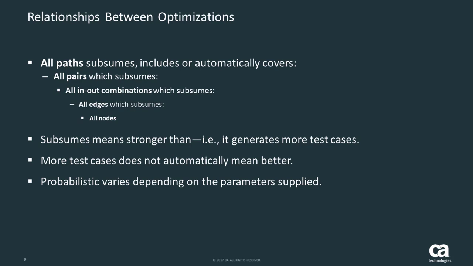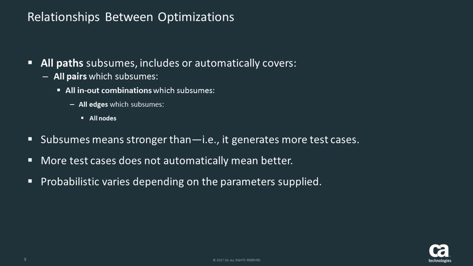So if you select, for example, all edges, the optimization, you automatically will cover all nodes in the model. So subsumes means stronger than, if you like. It generates more test cases. But stronger than does not mean necessarily that those test cases are a better selection. This notion of better or worse is not related to the count of test cases. It's more to do with the quality of test cases.